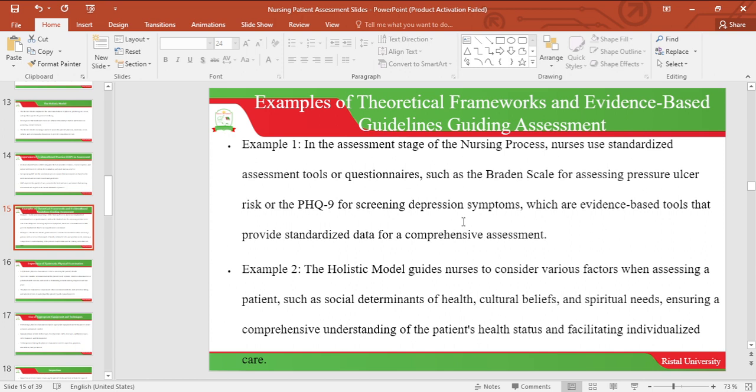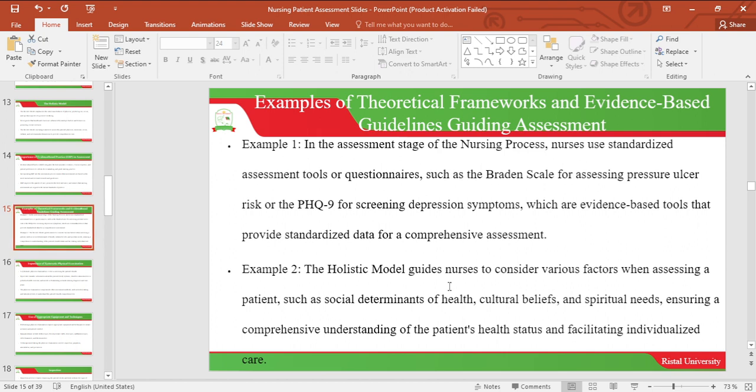For example, in the Patient Health Questionnaire, if scores are less than 5, it means that there is absence of a depressive disorder. But if the scores are 5 to 9, it means that either there is no depression or the other. Example number 2.